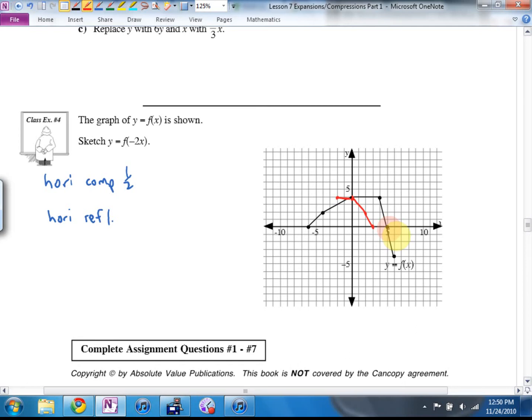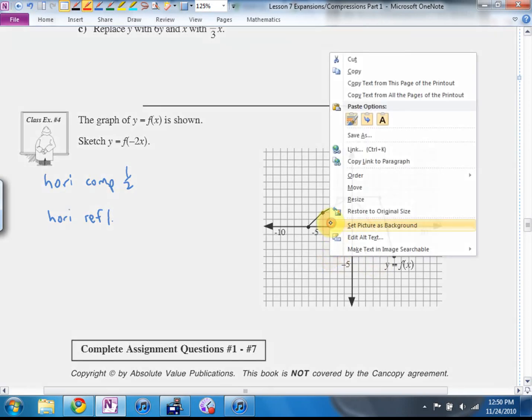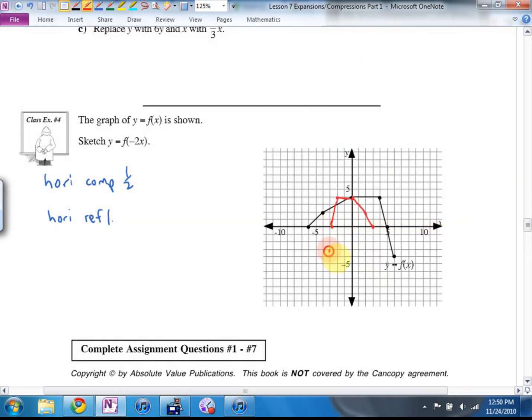Oh, that's not too bad a decimal. Connect. Here, +6, compress. +3, reflect. -3, connect. That red graph is the image of that black graph under this transformation.